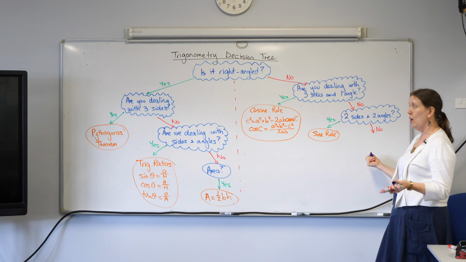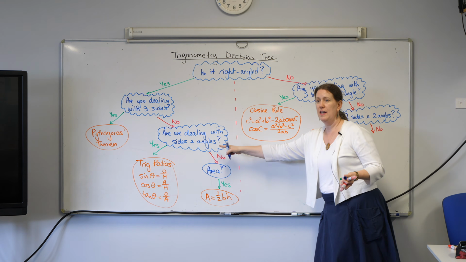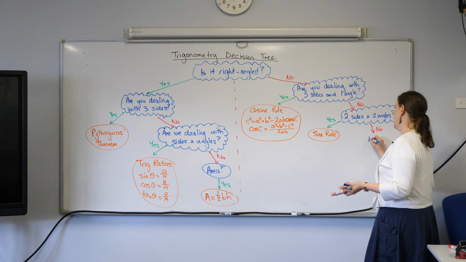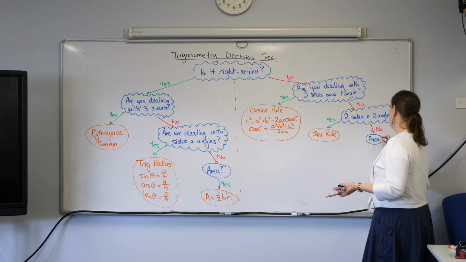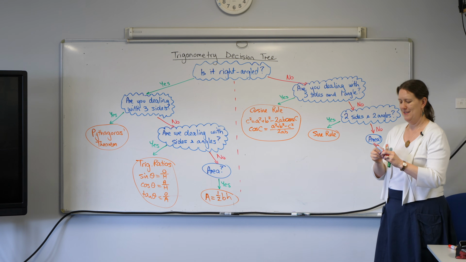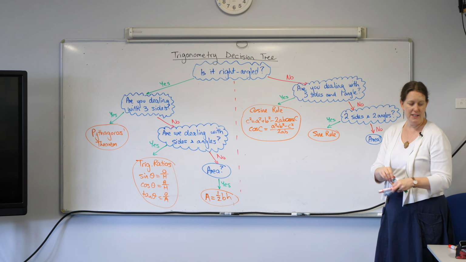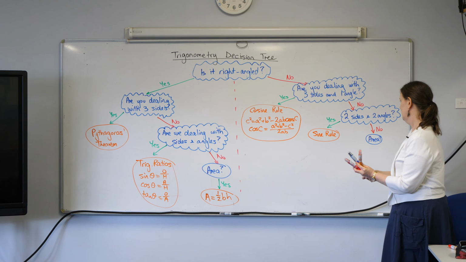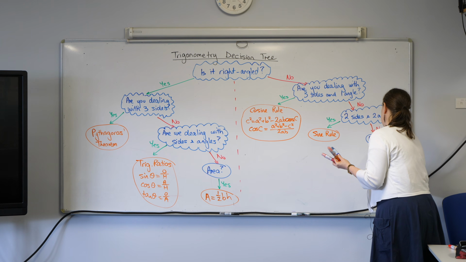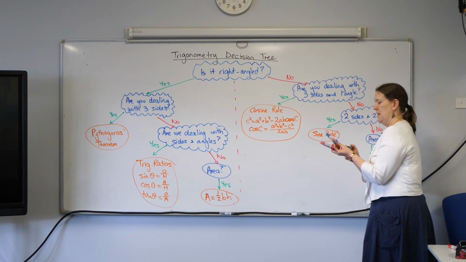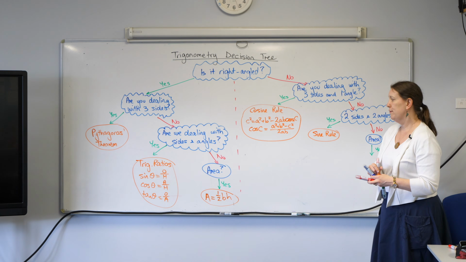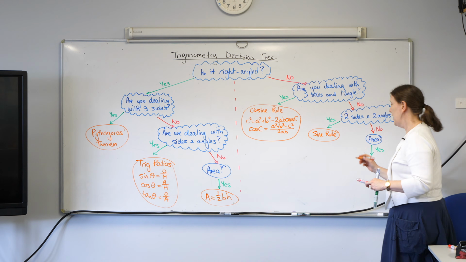If it's still a no, well, what happened after we went to here? We went, is it an area? And if the answer to that is yes, then what's our area formula for a non-right angled triangle?